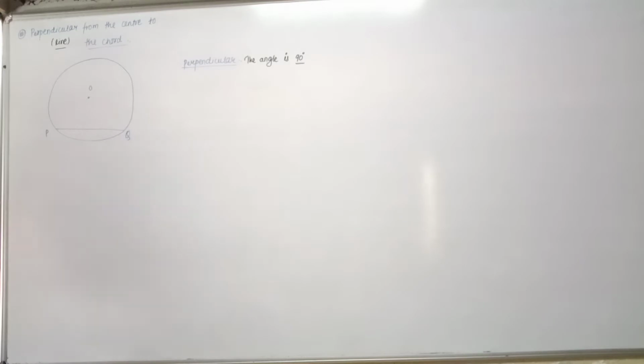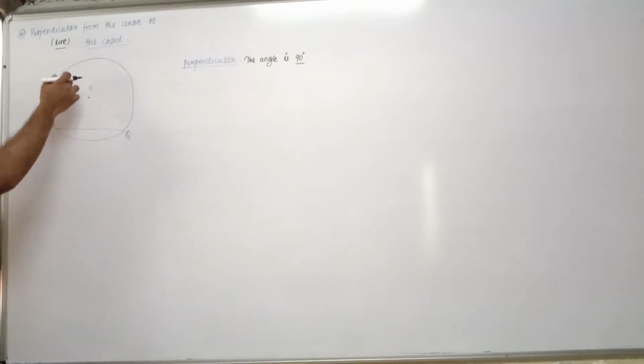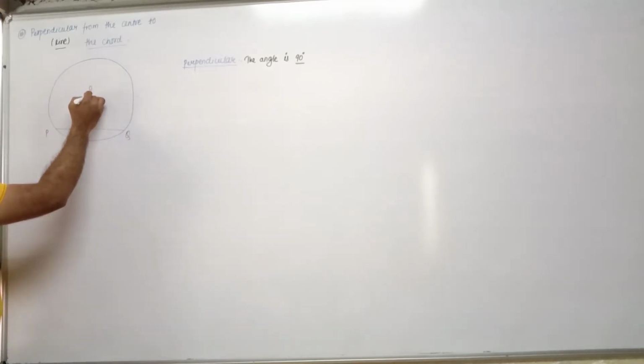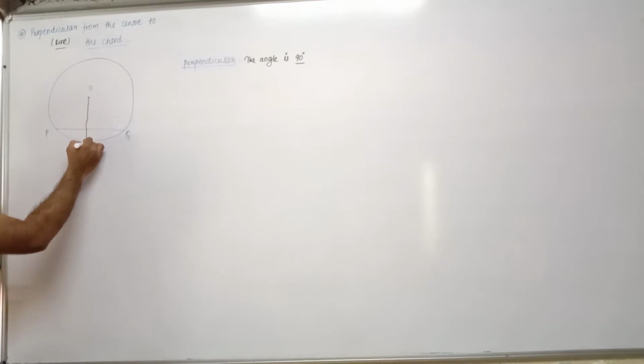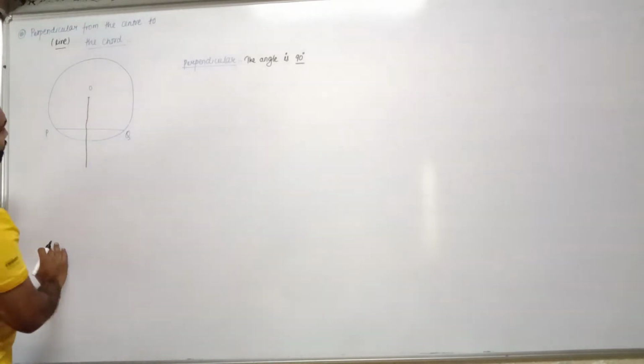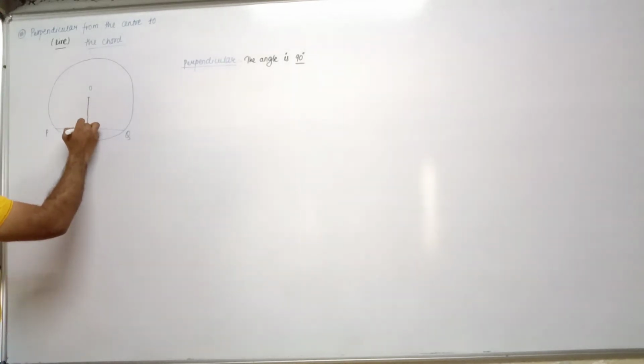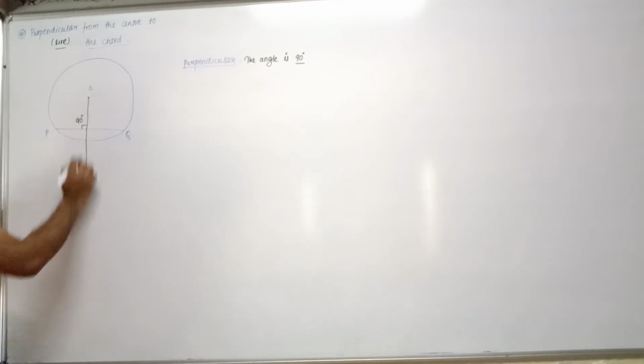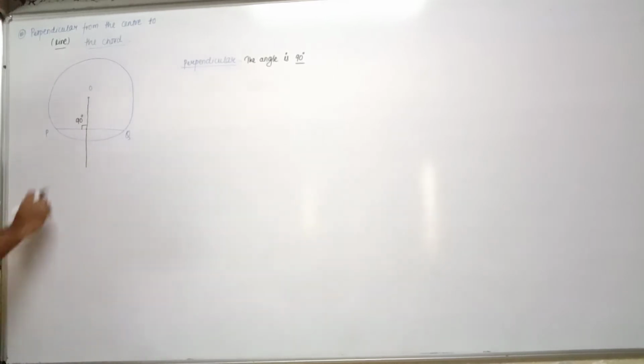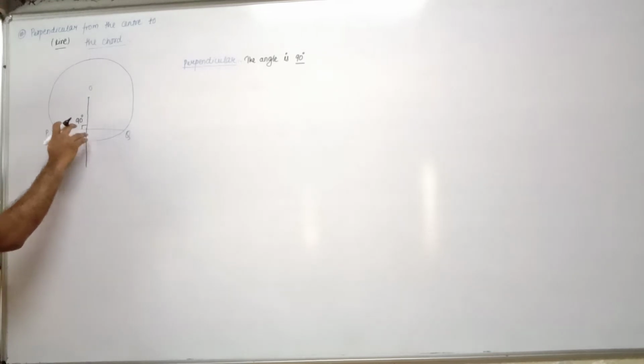We are going to draw a perpendicular line passing through the center of the circle which intersects the chord at some point such that, if I draw a line here like this, then this angle made is 90 degree. That means it will be perpendicular to the chord.